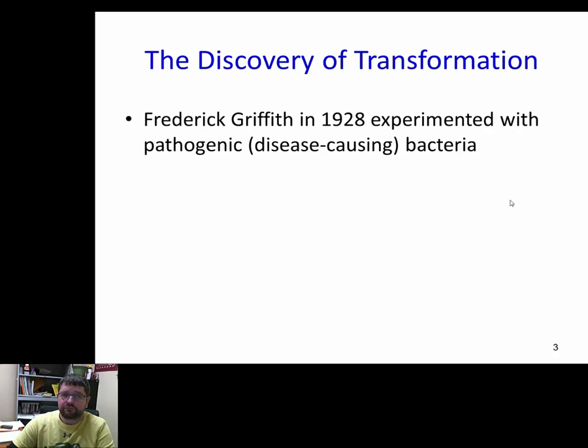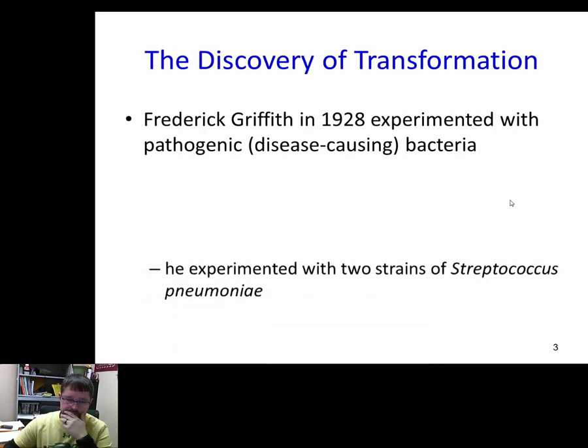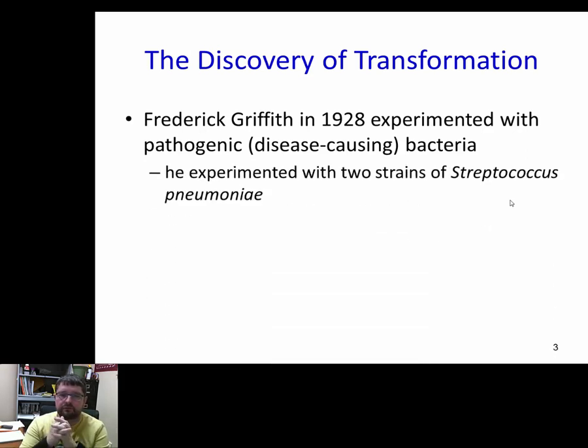Okay? So what Griffith did was, he took a pathogenic or disease-causing bacteria, Streptococcus pneumoniae, and we knew that there were two different strains of it. One strain that we say is virulent, which means it's disease-causing and will often cause death, and then one that is non-virulent.